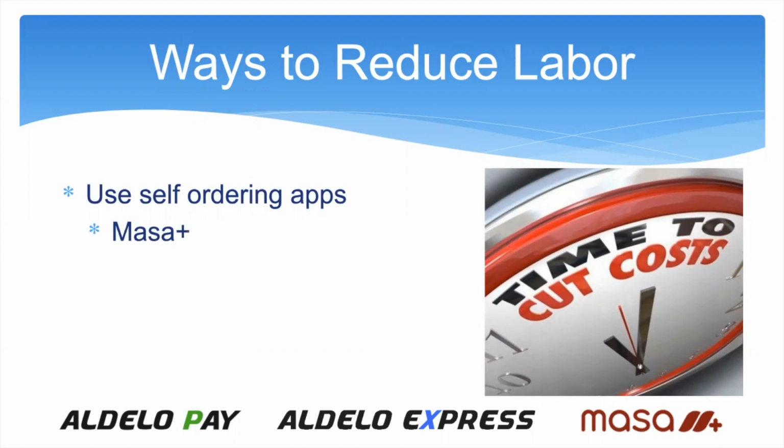This is included with Aldelo Express. So if you can get the restaurant's customers to enter their own orders, that will increase sales without increasing labor. And that's why an app such as Mesa Plus will help reduce labor costs by increasing the sales.